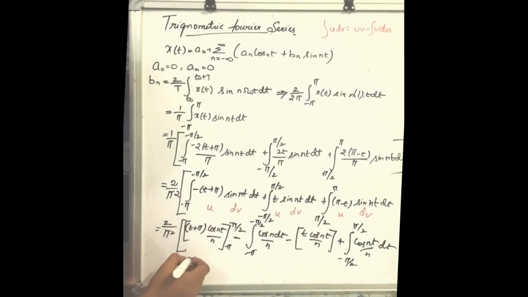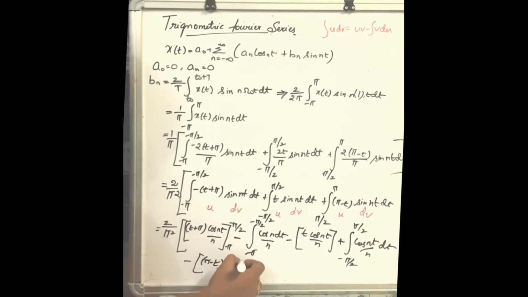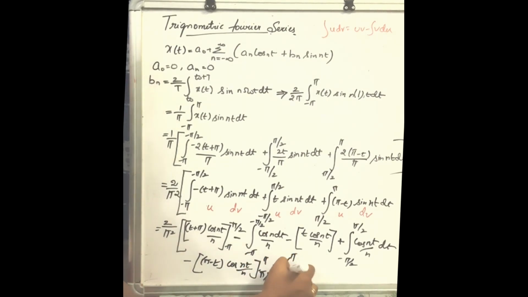Now comes the third: minus pi minus t cos nt by n, limits pi by 2 to pi, and minus integral of cos nt by n dt.